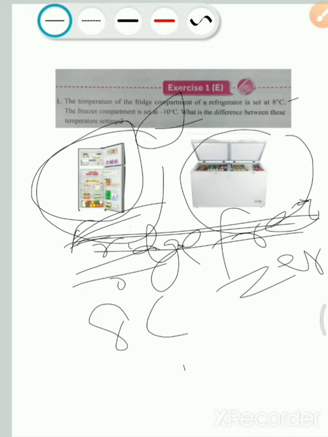So now see, read that question. The temperature of freeze compartment of a refrigerator is at 8 degrees Celsius. Okay, 8 degrees Celsius. I have written this one. Then the freezer compartment is set at minus 10 degrees Celsius. So that it came minus 10 degrees Celsius. Why?